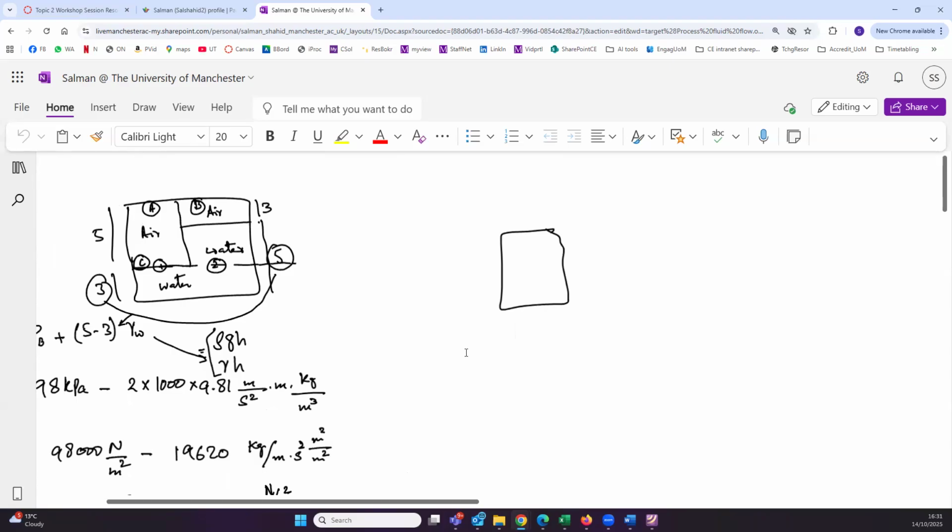Just think about the molecules of air inside a container. They are hitting the wall in every direction. They are colliding with themselves and moving in every direction because there are millions of molecules, and they exert the same pressure, meaning force per unit area, in every direction.